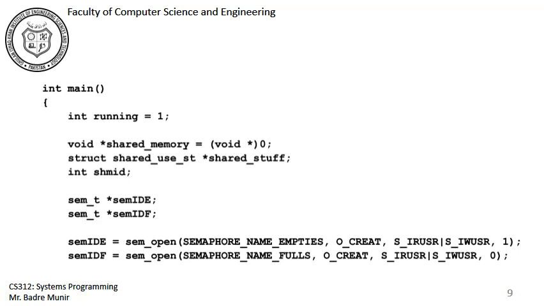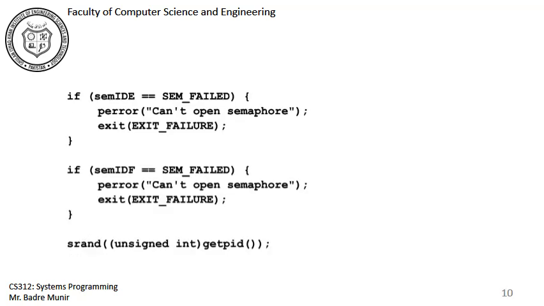This is going to be the file name as the first parameter, and the initial value of this semaphore is going to be 1. The second semOpen call is going to create the semaphore which is full, and the initial value of this semaphore is going to be 0. The return value of both semOpen calls is inspected for error, and also we give a seed value to the random number generator.